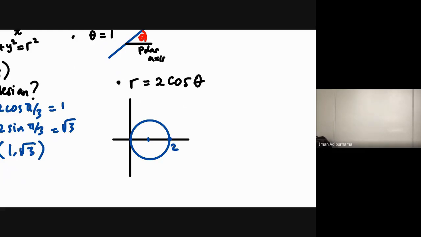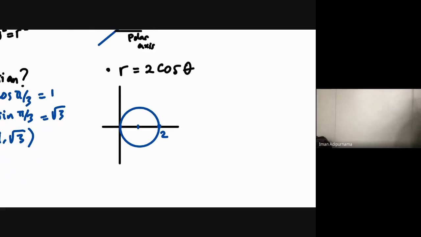Now the same way, if you have 2 sine theta, what will happen? Now this is cosine, and now sine. The difference is at the very beginning, right? For cosine theta, we start from the maximum radius here, the radius 2.